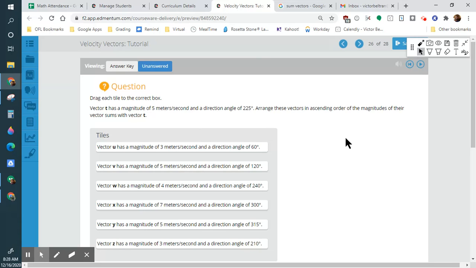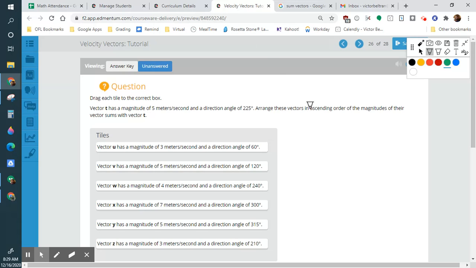So let's get into that. First, we need to figure out the x and y components of all of these. We're going to have to solve for the vector t, the vector u, and all of those vectors, and then add them together and find the magnitude from there.